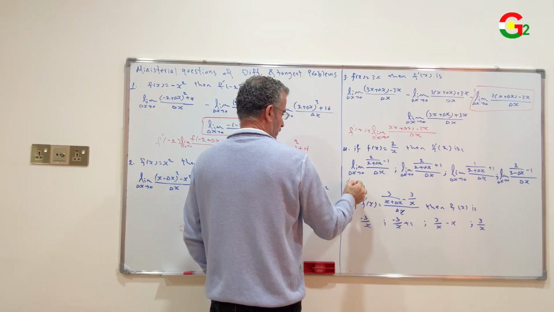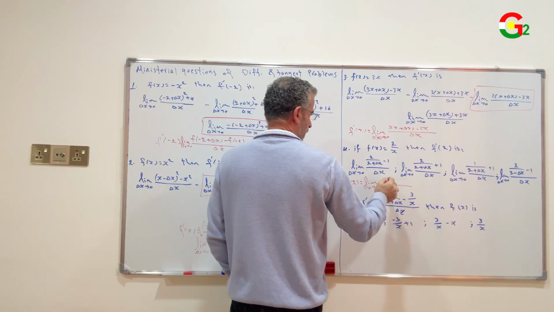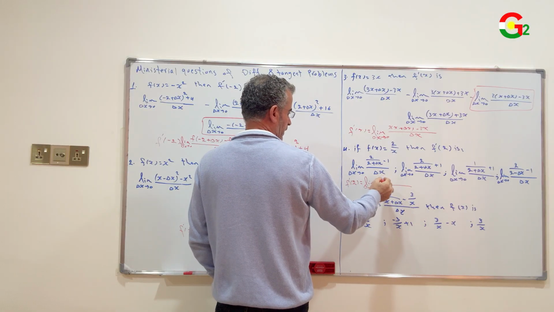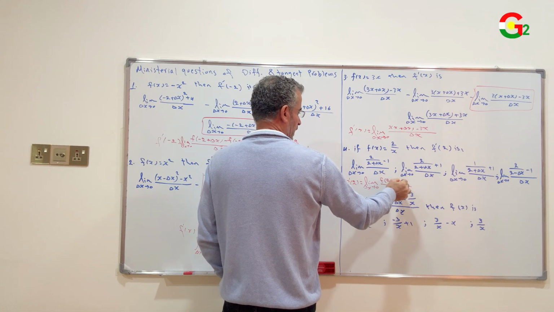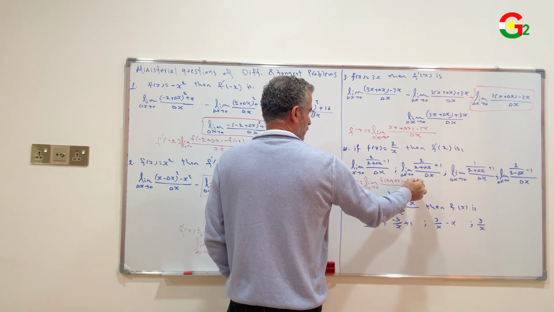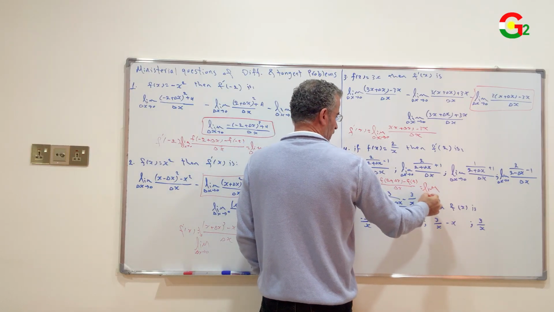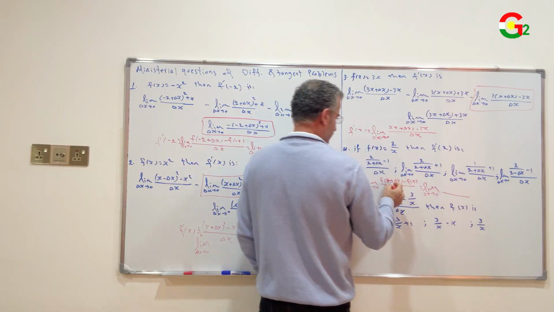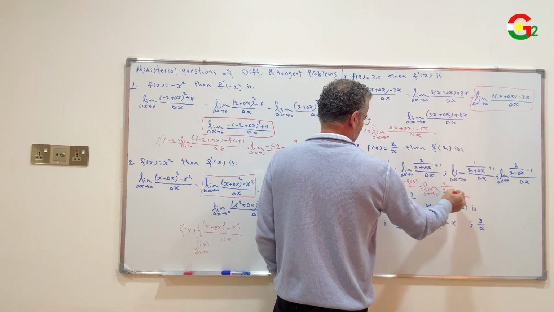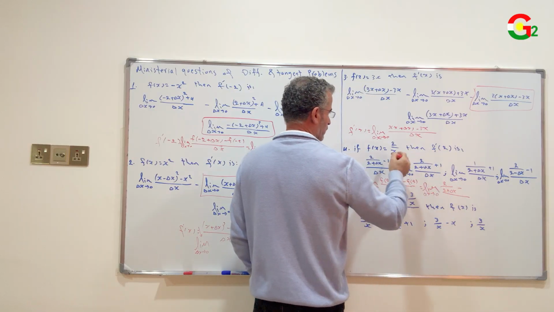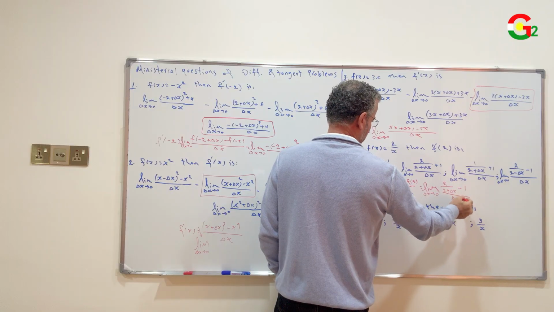F prime of 2 equals the limit as delta x approaches 0 of f of x plus delta x, it means f of 2 plus delta x minus f of 2 over delta x, which equals the limit of f of 2 plus delta x, depending on the function, is 2 over 2 plus delta x, minus f of 2, 2 over 2, which is 1, over delta x.